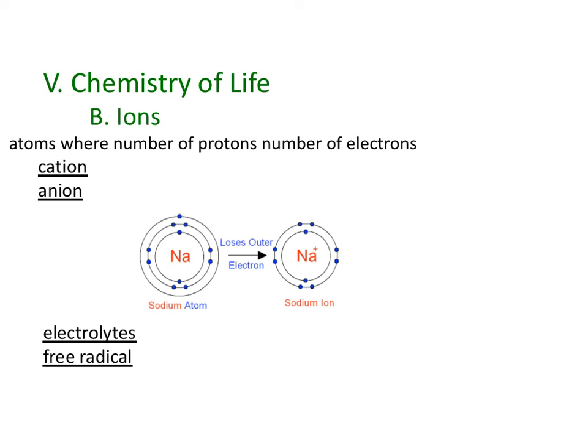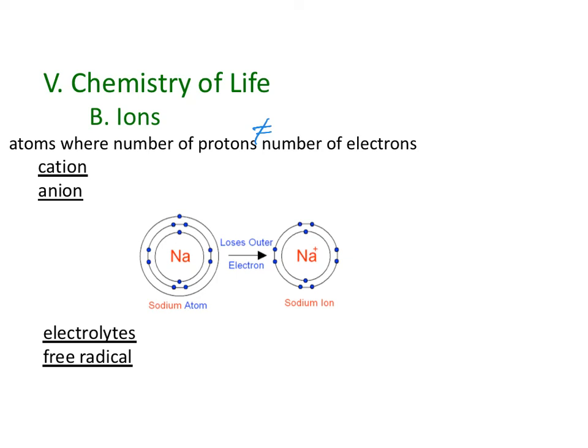Okay, so because we're going to be talking a lot about electrical charge when we talk about action potentials, I do want you to understand something about ions. So an ion is where the number of protons does not equal the number of electrons.